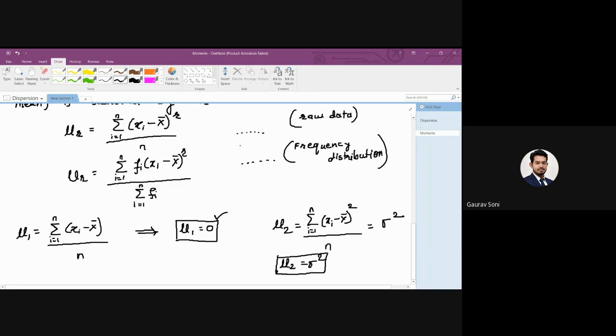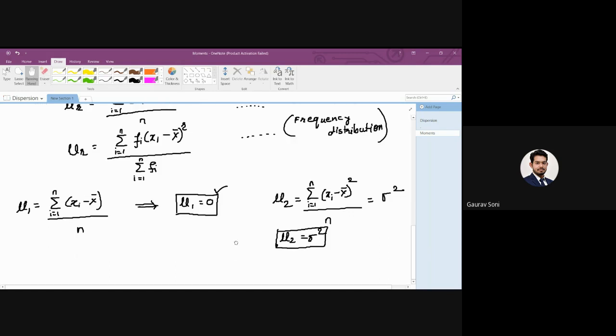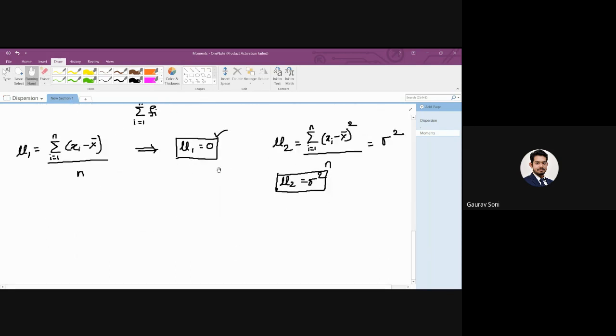Generally, we will use the first 4 moments. We won't go for the 5th, 6th, 7th, 8th or anything like that. I'm writing this because we need only the first 3 moments. So mu3 will be summation, i running from 1 to n, xi minus x bar raised to 3, upon n.